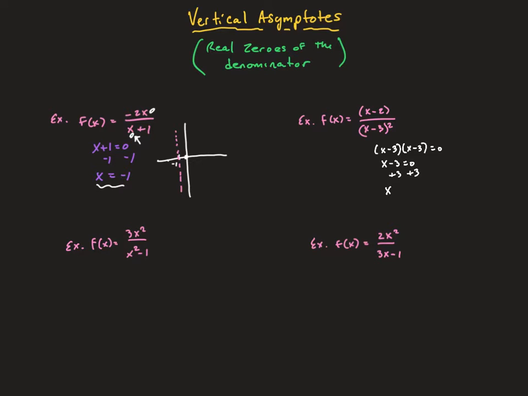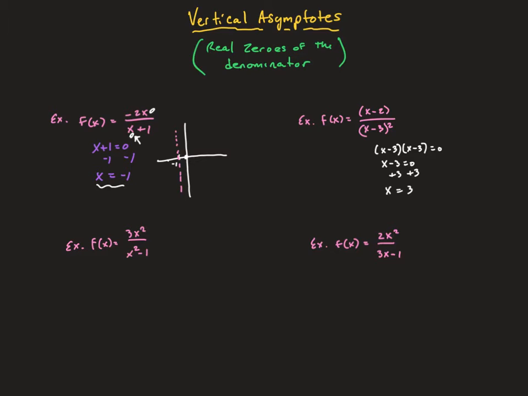And another vertical asymptote is going to be x equals 3. So the domain here is going to be all real numbers except for negative 1, because x can't be negative 1. Here, all real numbers except for 3, because if we had 3 minus 3, that would be 0, and we can't have 0 in the denominator.